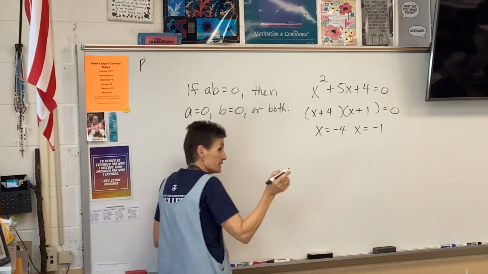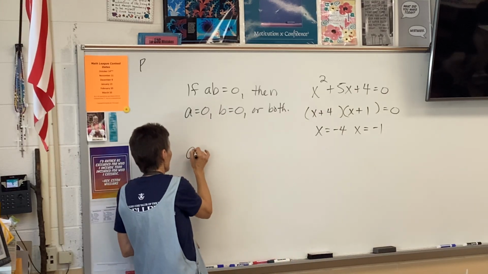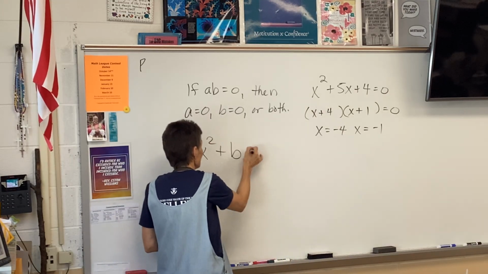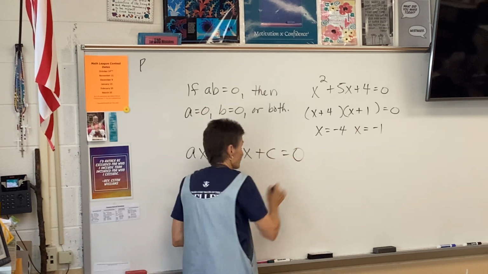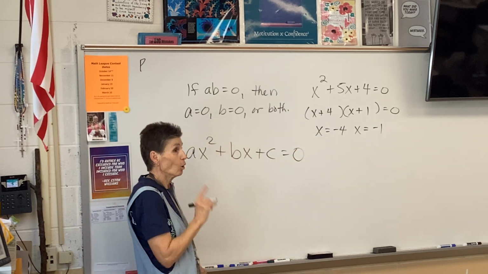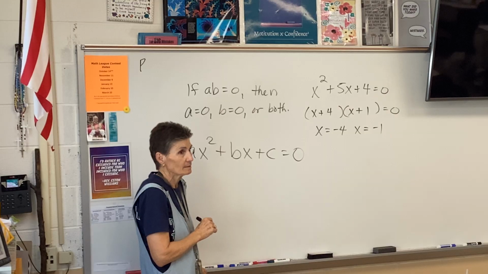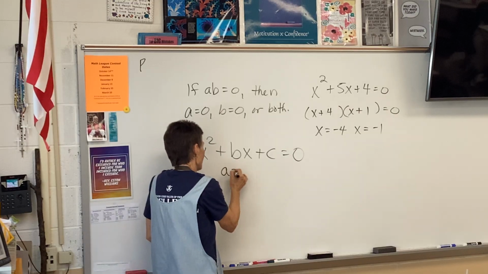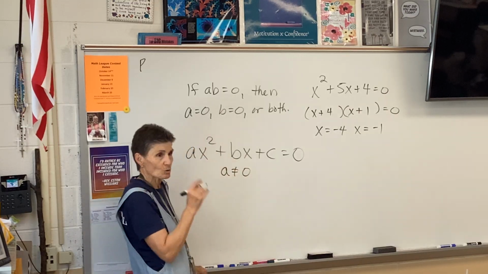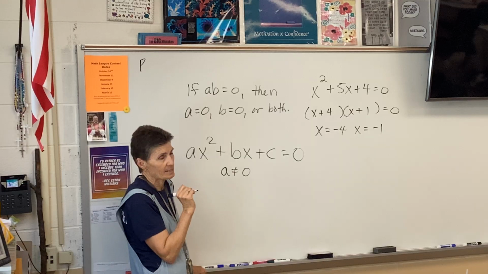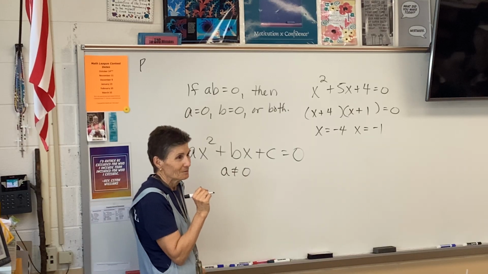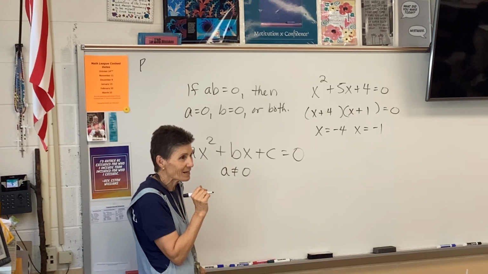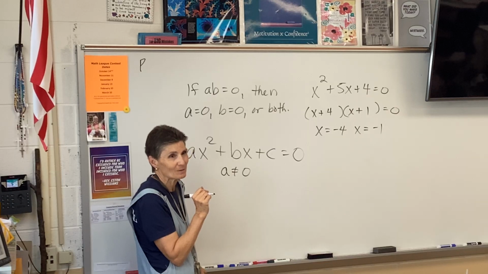He's right, quadratic equations have squares. So a quadratic equation is this. And the only caveat is, A can't be zero. Because what happens if A is zero? You don't have a quadratic, you have a line, right? You have a linear equation.